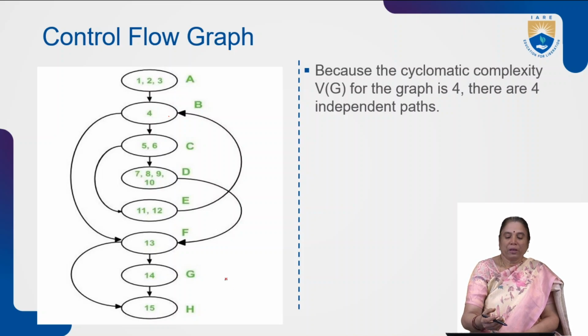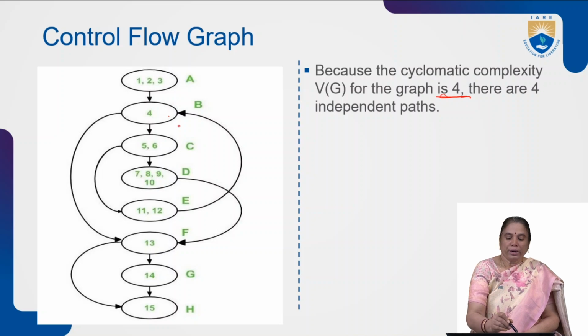So after analyzing the code, you must construct the control flow graph. From this flow graph, identify the independent paths. That gives the upper limit, the cyclomatic complexity, for designing the test cases for thorough checking of the code.